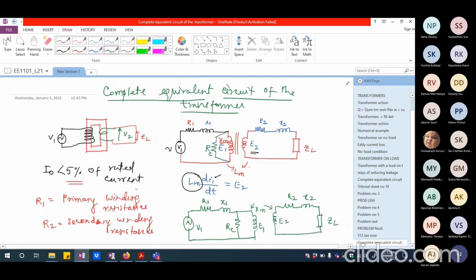So if I talk about what is the initial no load current, I can say the current that is flowing here, if I say this is Im, this current is magnetizing current, which is actually establishing the flux. Im will be equal to V by Xm.